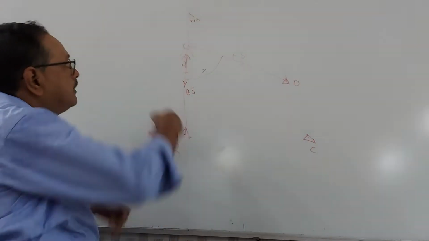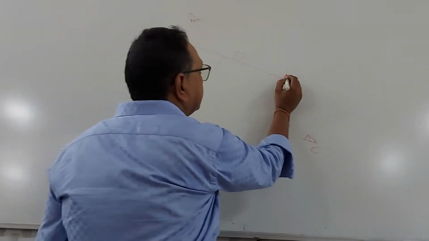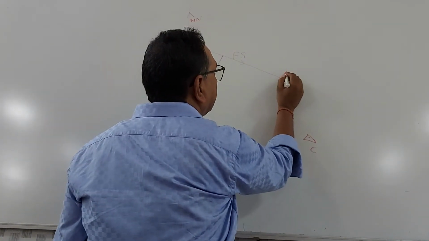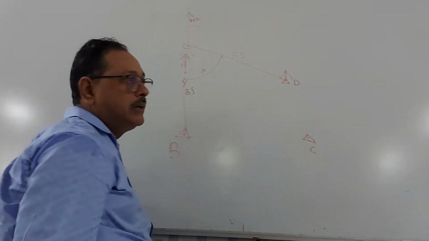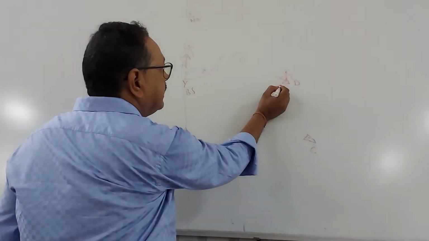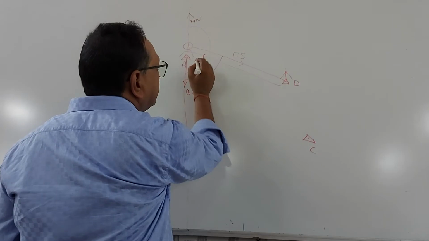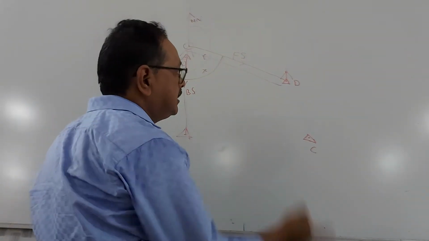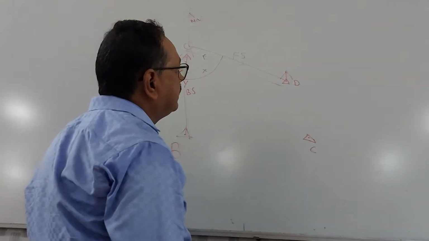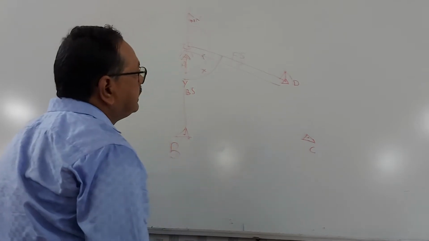Right? Then shift this instrument to station D, mount it here, get it centered and leveled. Right? And then first sight towards A. And this will be treated as the back bearing of AD.